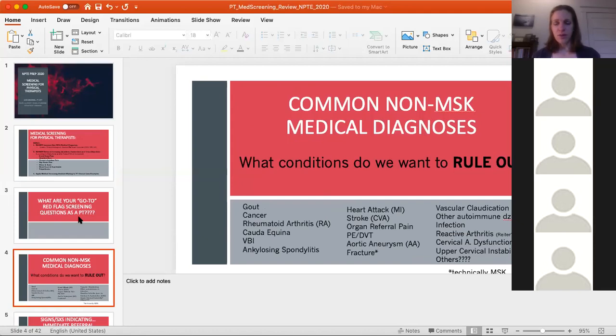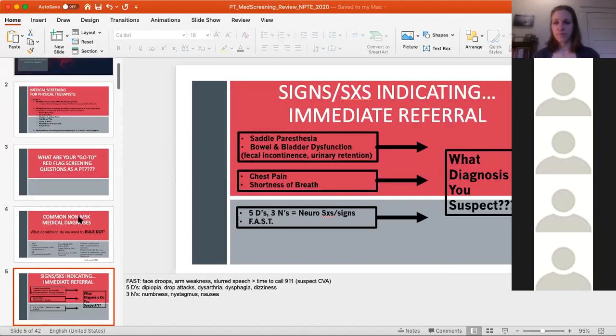Some of these are rheumatic diagnoses, some of them are vascular issues, organ referrals. We see fracture in there. That's a common one at different areas that we're going to want to rule out. We have different algorithms or criteria that we're going to have to go through in different body areas as far as that goes. Different things: infection, autoimmune, dysfunction.